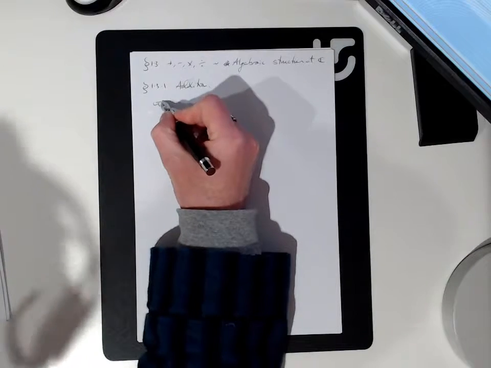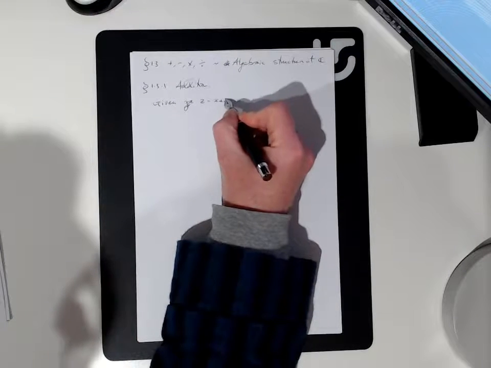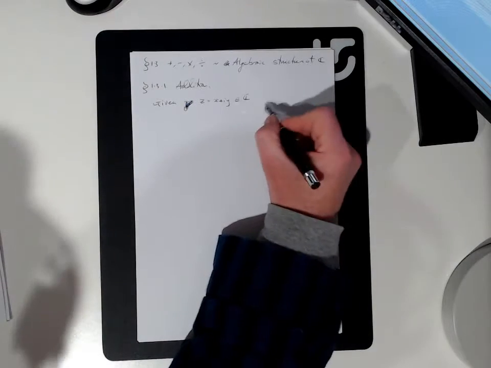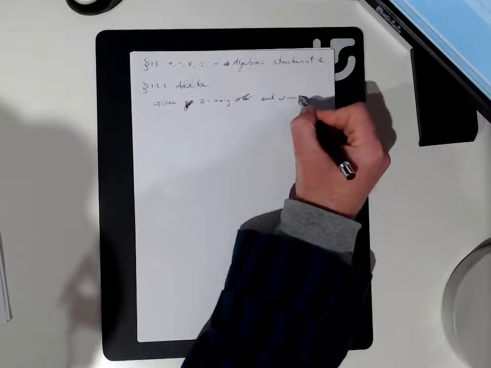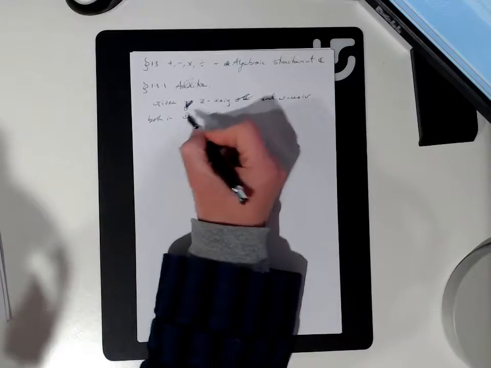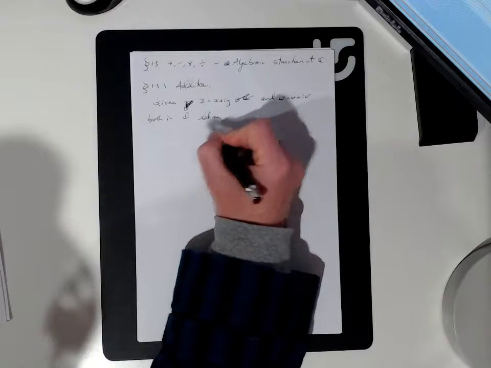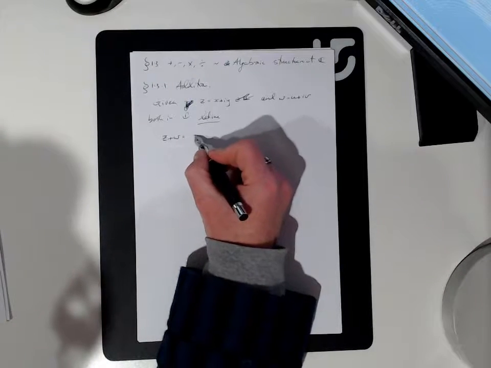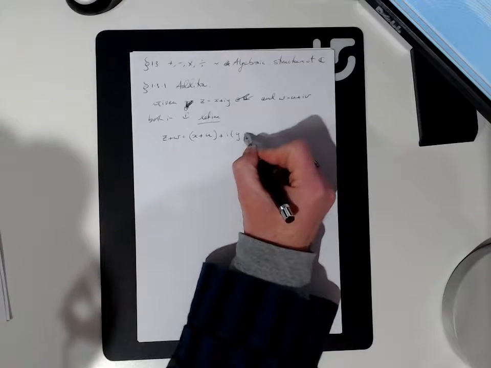So given z equal to x plus iy inside the complex numbers, given z and w equal to u plus iv, both in the complex numbers, we define z plus w to be equal to x plus u plus i times y plus v.